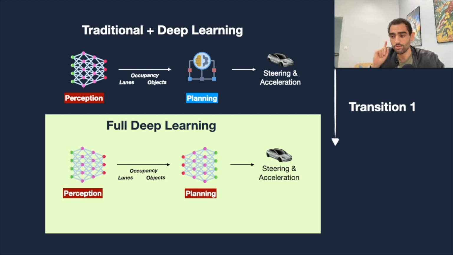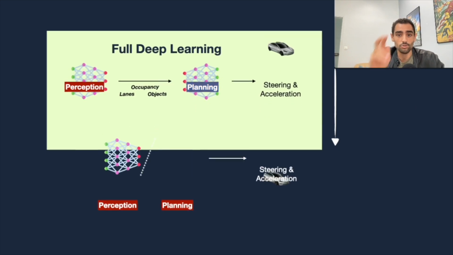That was actually the first thing said in the decision to go end-to-end: instead of manually giving the rules, we're going to ask the network to look at how other drivers did it before, and now we're going to do the same. That is the first transition, but that does not make it end-to-end if we still have two modules.